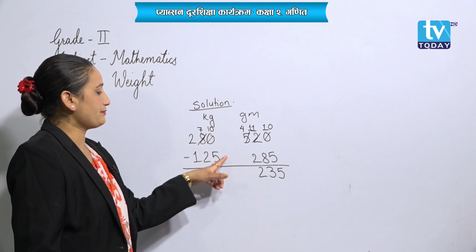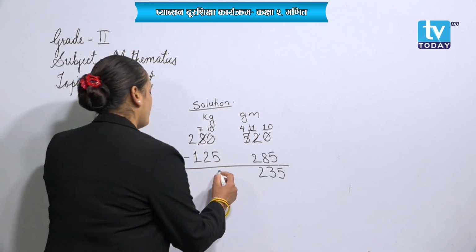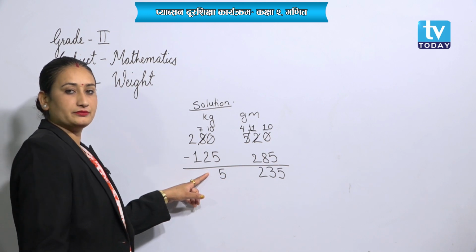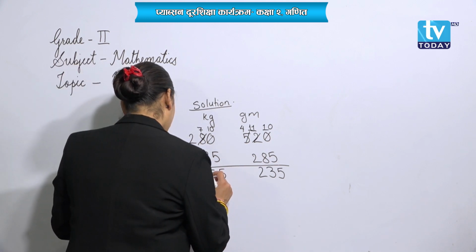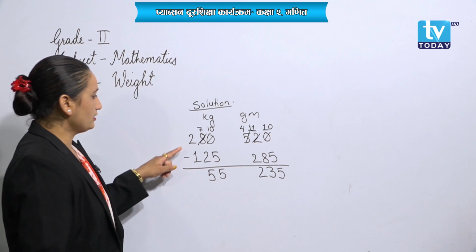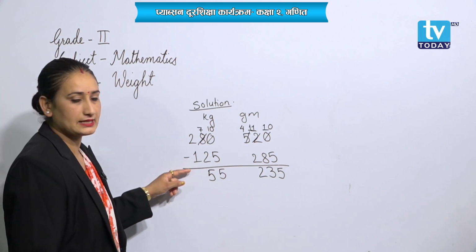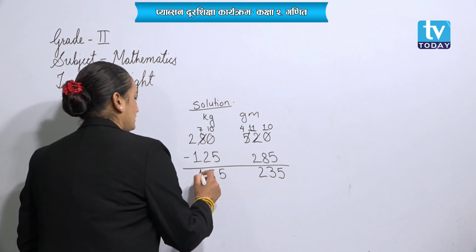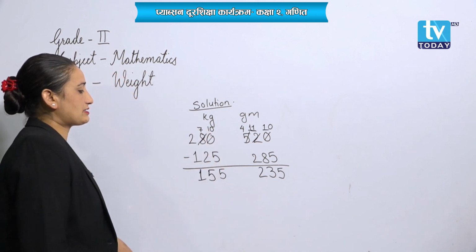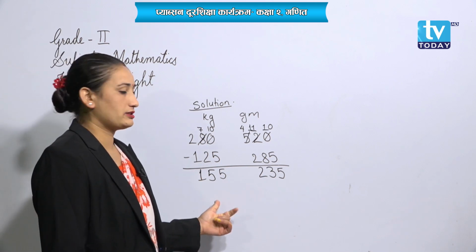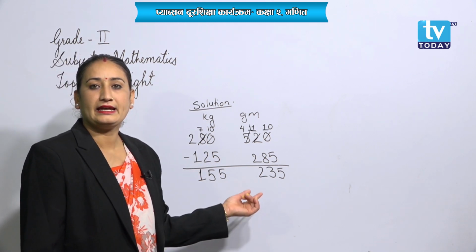Yes. 10 minus 5, it will be 5. 7 minus 2, it will be 5. Then 2 minus 1, can we subtract it? Yes. Then what will be the answer? 1.